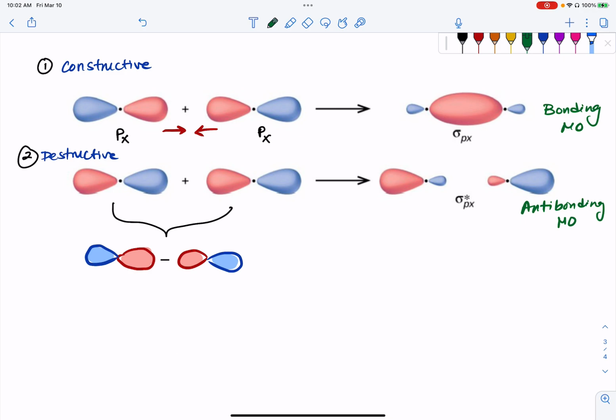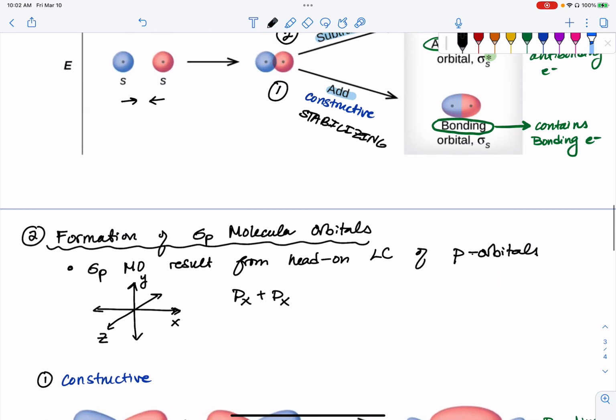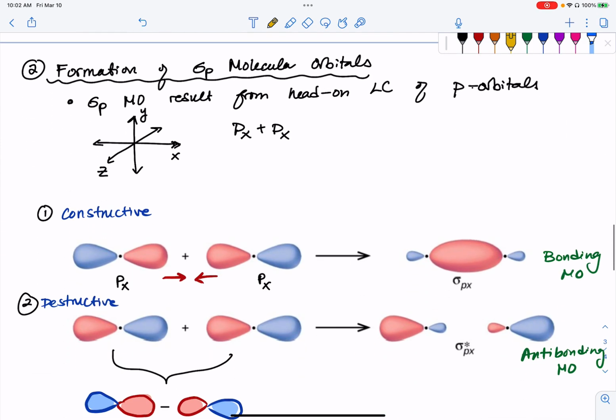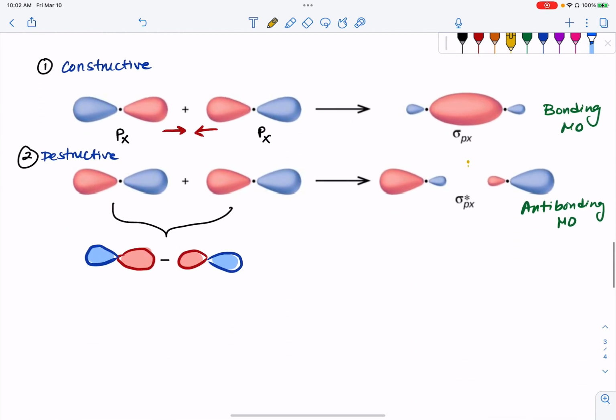So you'll notice that just like in our sigma s antibonding, we have this region here between our nuclei where we have no orbital density, so we call this a node. We also have a node here, resulting from our sigma px formation, px star.